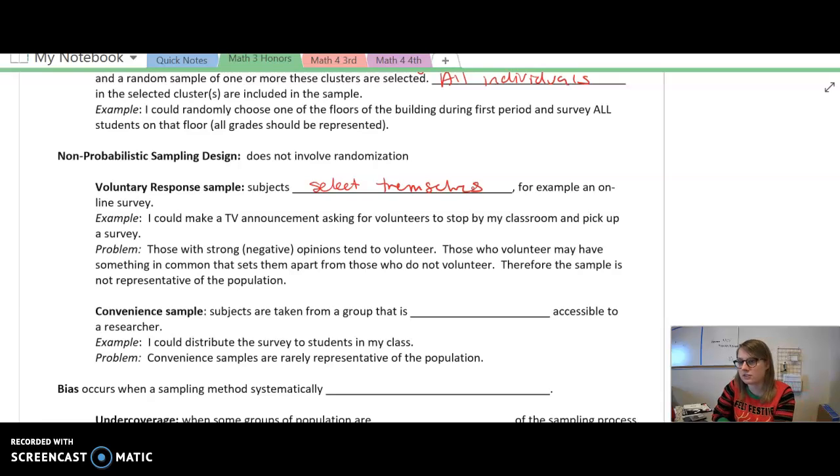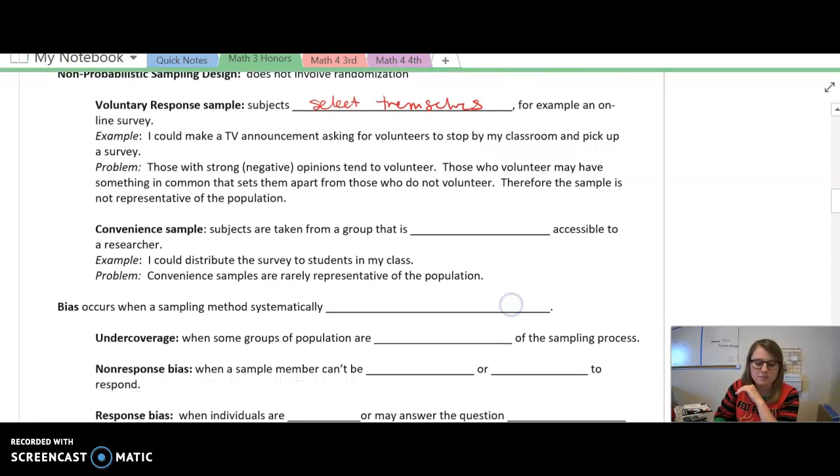Well, you select yourself to give a survey for a restaurant, but it's not always all that. So there are problems with this. Those with strong negative opinions tend to volunteer, or they have something in common that sets them apart from those who do not volunteer. That's why this sample is not always representative of the population.